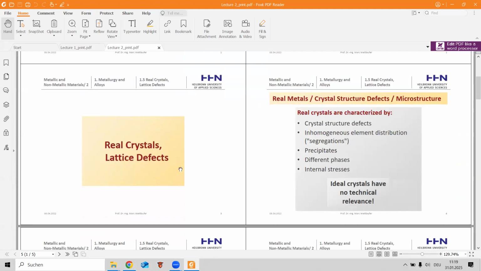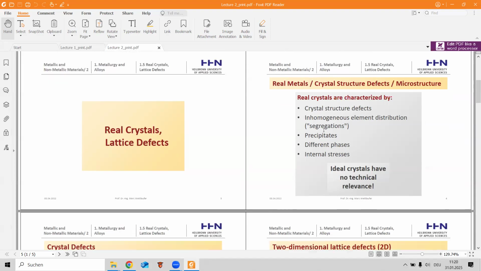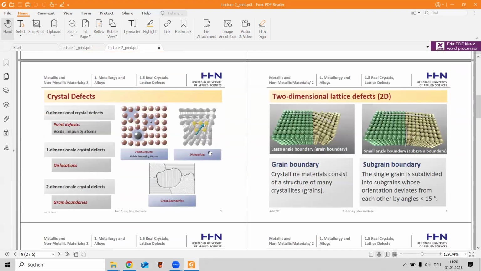Real crystals, lattice defects. Real crystals are characterized by crystal structure defects, inhomogeneous element distribution, also called segregation, precipitates, different phases, and internal stresses. We can divide crystal defects by dimension.